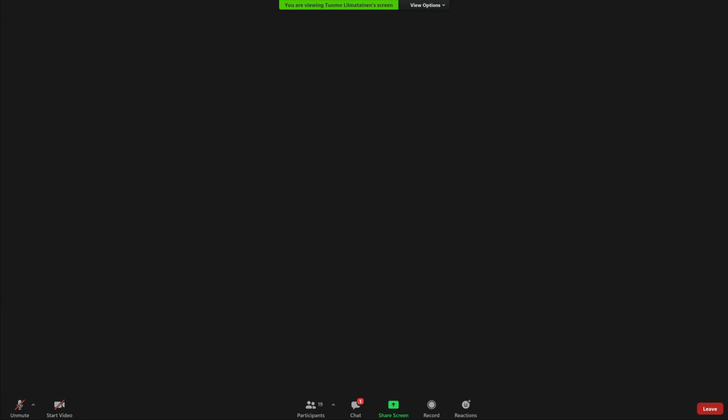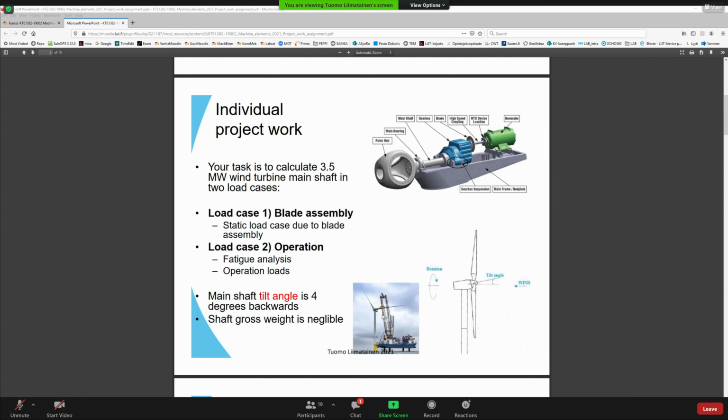The blade is brought to the hub in a horizontal position, which means that this surface over here is directed horizontally, and then the blade is brought to it and the bolts are attached. Then the hub is turned so that the next blade interface is in this position, and the next blade is brought in. Then it's the same procedure for the third one.